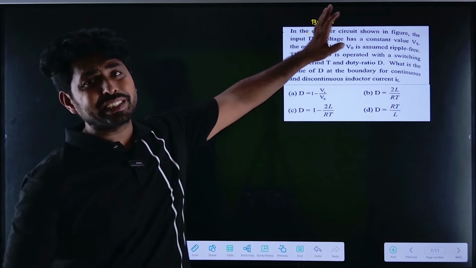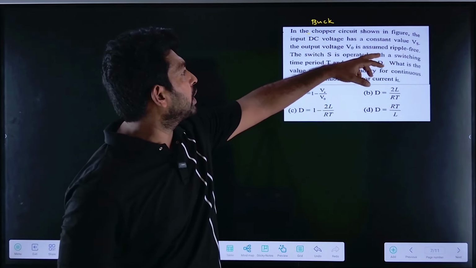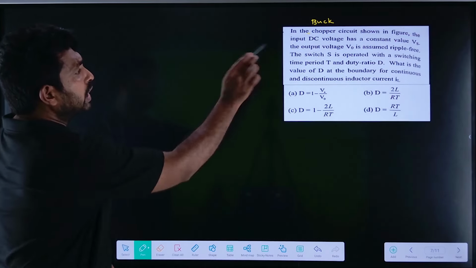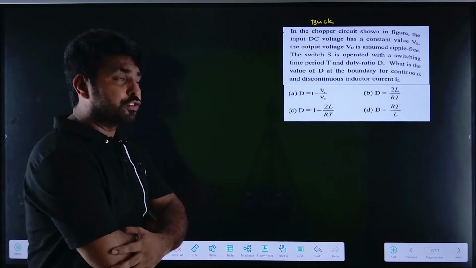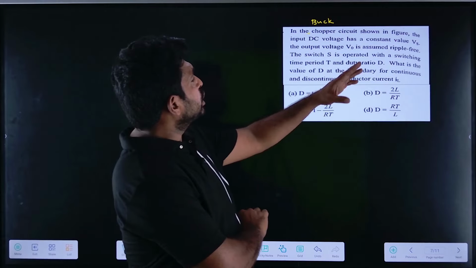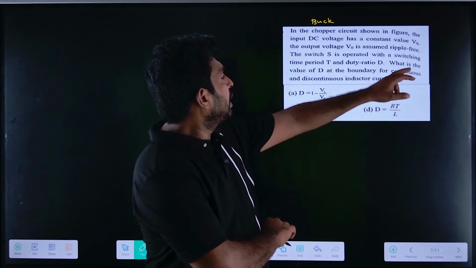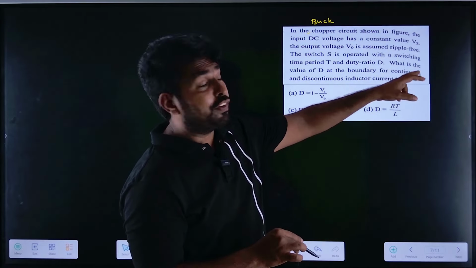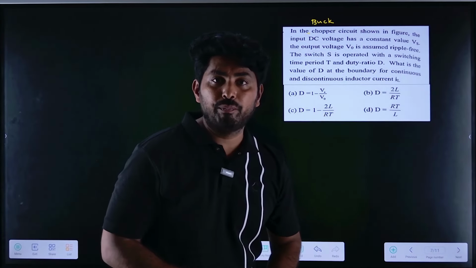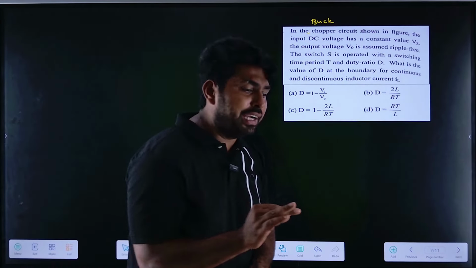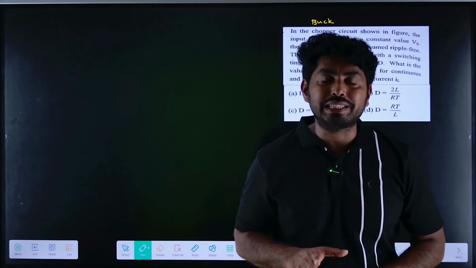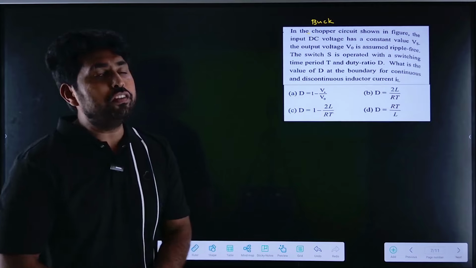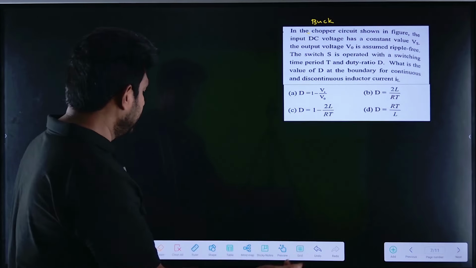In the buck chopper circuit shown in the figure, which is not given, the input voltage is a constant voltage Vs, and the output voltage is V0, operating with duty cycle D. What is the value of D at the boundary for continuous and discontinuous inductor current? We need to find the value of the duty cycle at the boundary condition. How can we find it? Let us see here.